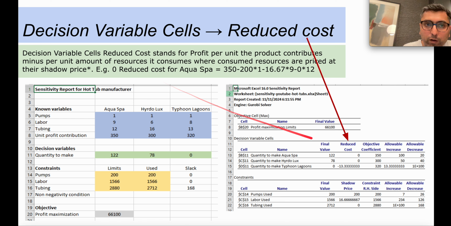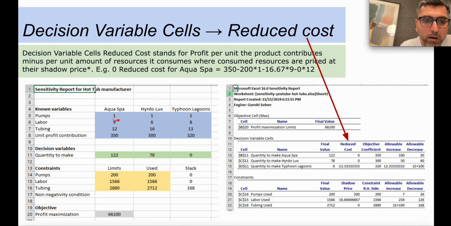So for example, a reduced cost of 0 can be interpreted as each unit of aquaspa makes $350 of profit, and that's profit minus what is used to produce that one unit. So we would need 200 times 1.